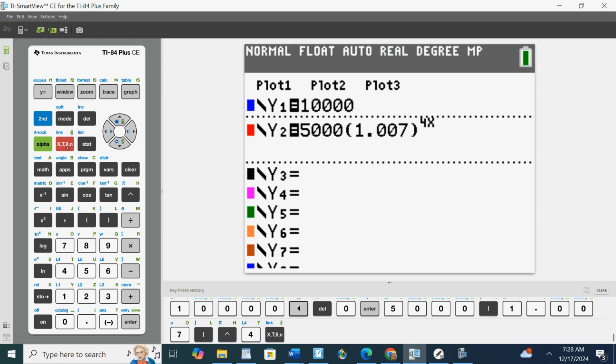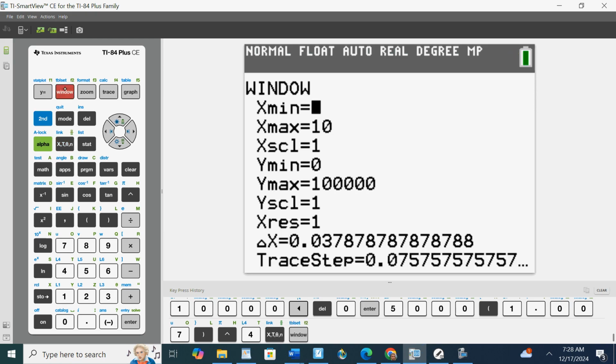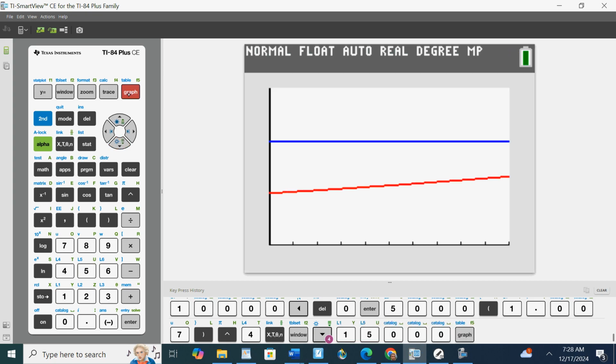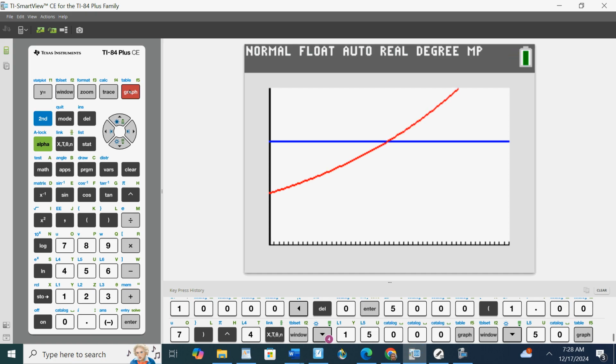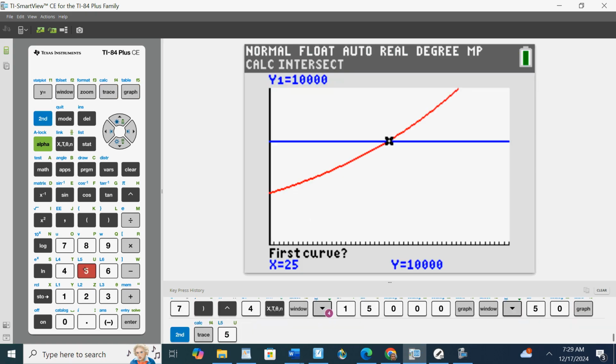Since my y1 is 10,000, I'd have to make my window above 10,000. Let's make it 15,000. Graph. I need to see more of the right, so I'm going to either adjust my x max or I can zoom out. I'm going 50. There's my intersection, second trace, option 5, enter, enter, enter, x coordinate, and I come up with 24.8.